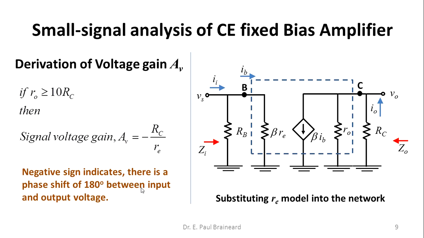The negative sign here indicates that the output and the input have a phase shift of 180 degrees between them. Thank you.